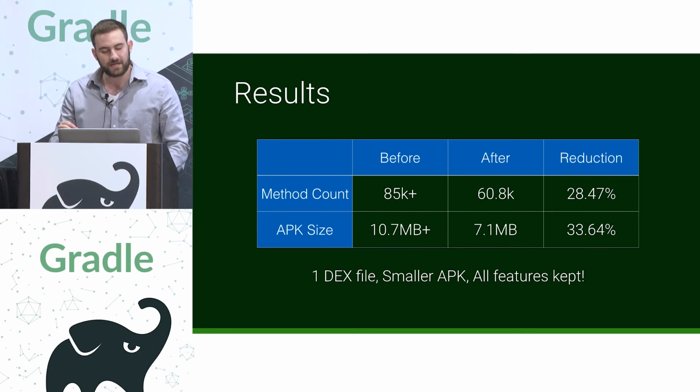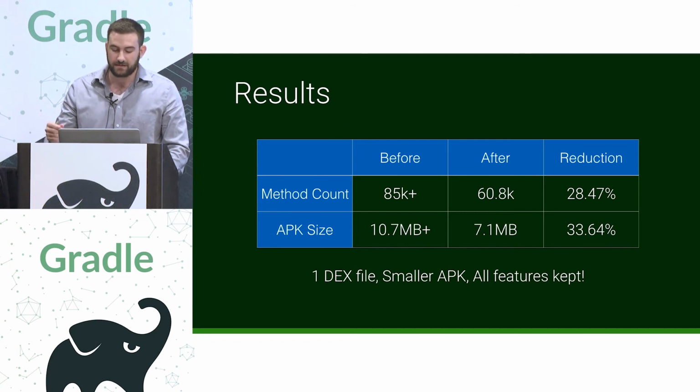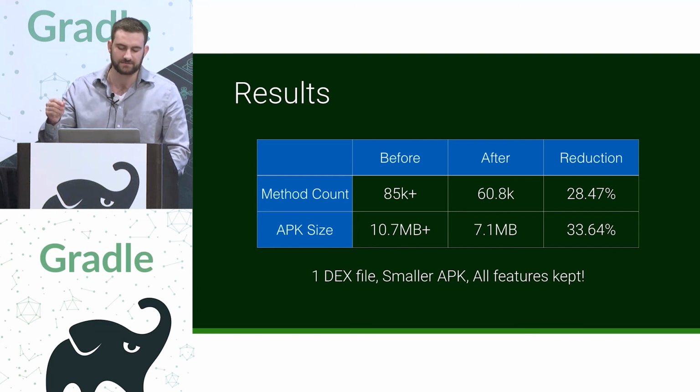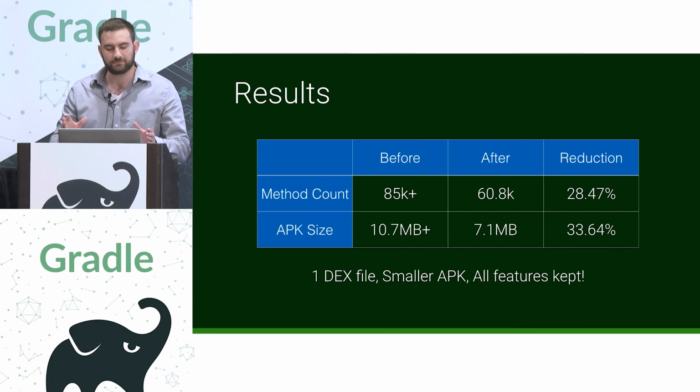And the original APK size was 10.7 megabytes, and a little bit bigger than that. At the end of this talk, I'll show you how I got it down to almost 61,000 methods, and the actual APK size down to 7.1 megabytes, which is a 33% reduction, which I think is pretty good. And the method count is really what my main focus was. It was a 28.4% reduction.